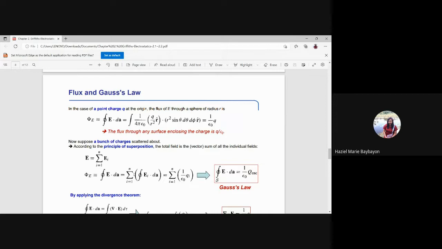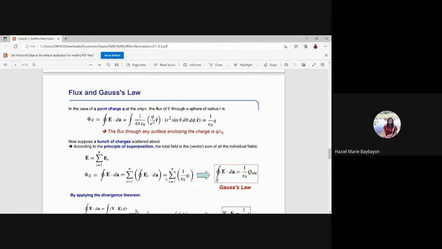So here, class, if you get the individual fluxes through the closed surface, it is just like taking them one by one and then summing them up.